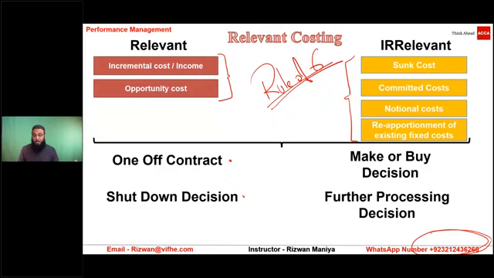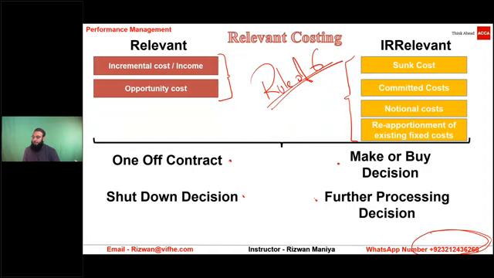So for shutdown decisions, for make or buy decisions, that is, should you produce a product in-house or buy it from outside, and then further processing decisions. Now, my point here is you all should have a really good grip over this rule of 6, and this will make your life really easy.